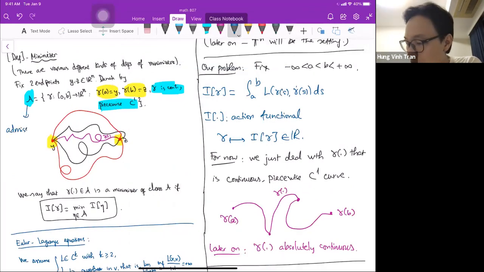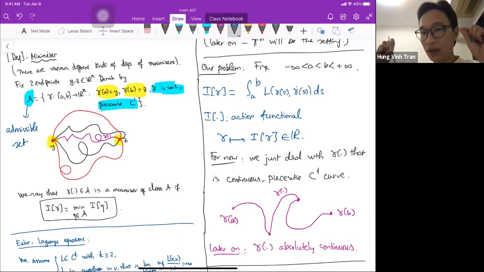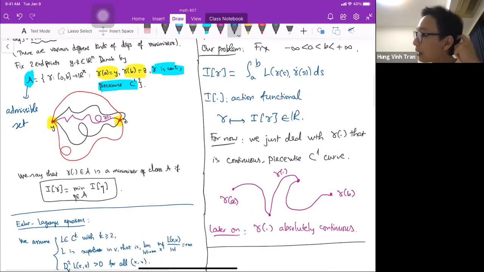Later on, we're going to make this set more general. For now, it's just a set of curves with two fixed endpoints, y and z, and those curves are always continuous and piecewise C1. You see that we have a fixed length here, just from A to B. I mean, not the length of the curves, but the length of the parameterization.